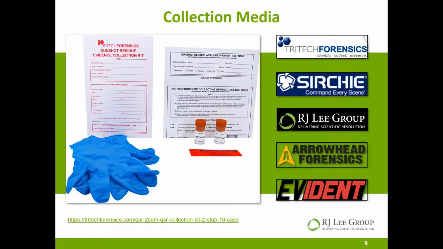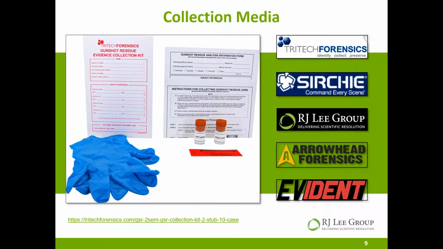Multiple companies sell these kits, including RJ Lee Group. RJ Lee Group does sell a kit as well. Tritech Forensics actually manufactures our kits for us, but there are manufacturers like Tritech, Sirchie, Arrowhead Forensics, Evident, as well as some other manufacturers that aren't particularly on this slide, Kinderprint, Lin PV, etc. There are lots of different manufacturers that make gunshot residue hand kits, specifically SEM kits.